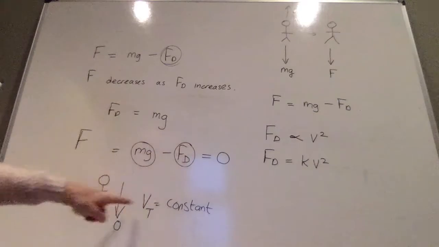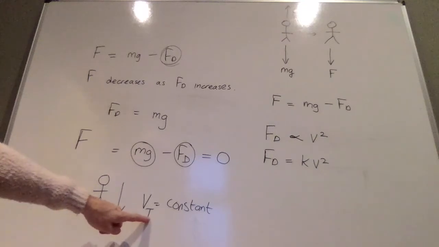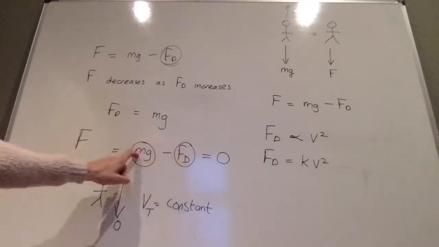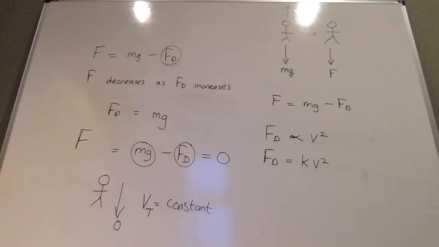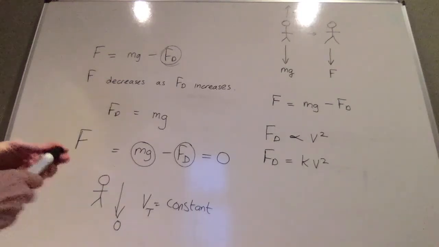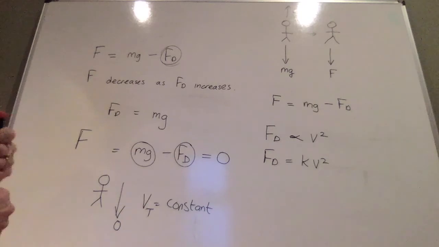So for the rest of that object's flight, it will fall at a constant velocity of Vt, Vt being the velocity that made the drag force equal to the weight. And we will now talk about how that can be used in order to predict the area for the parachute.